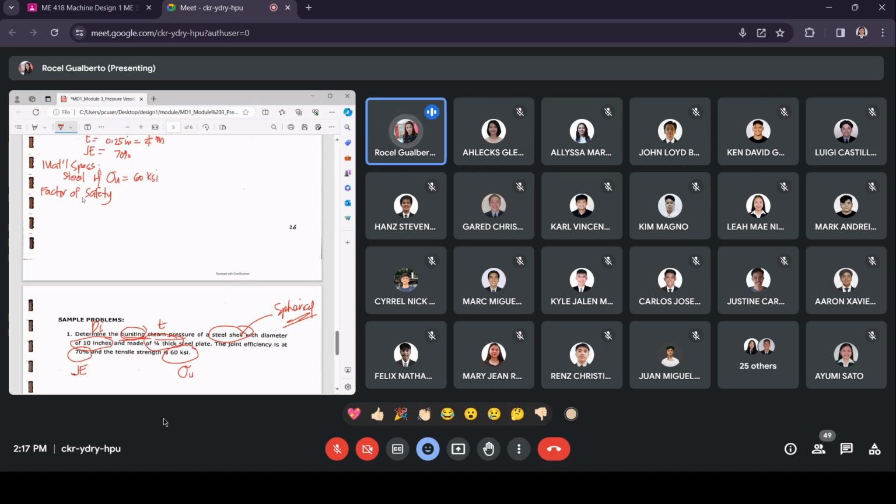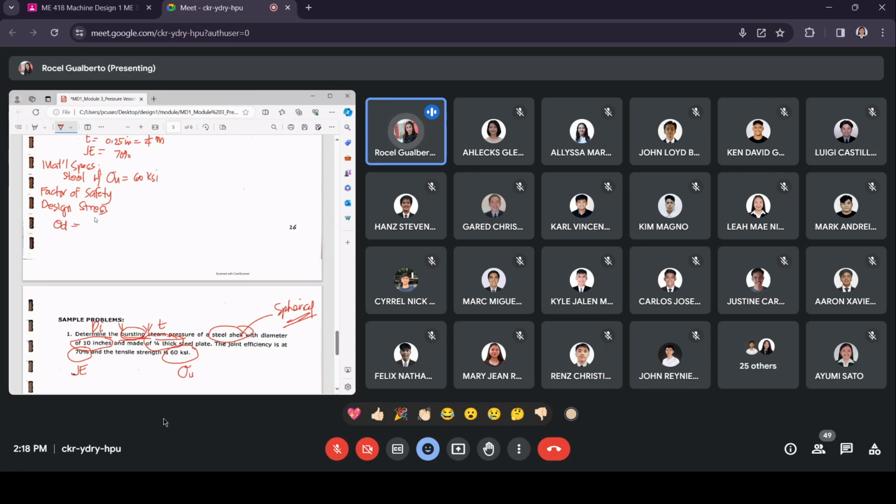So we simply leave it blank. Kasi we are looking for this bursting steam pressure. So naintindihan po ba? Yes po, ma'am. So, we leave the factor of safety wala pong value. So, we go now to the design stress.